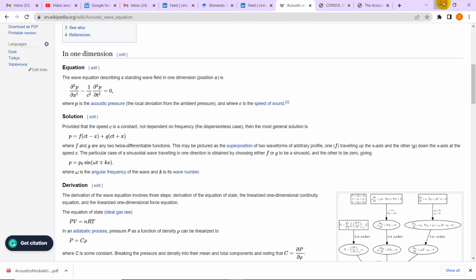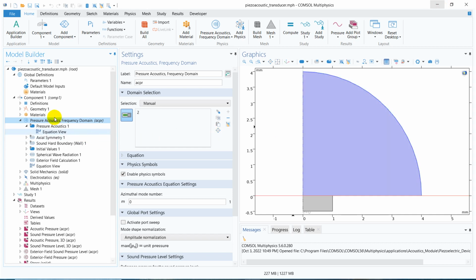So let me go to the COMSOL interface. Here we are converting the time domain equation into the frequency domain, and how do we convert it? You have to convert by Fourier transformation. We all know about this, and I have also discussed the Fourier transformation in the mathematical series, so you would like to look at those videos as well.